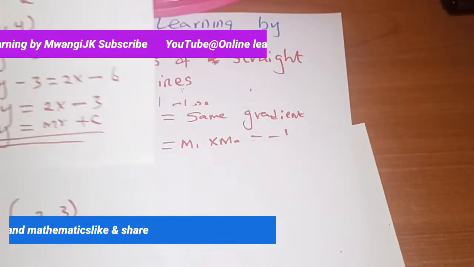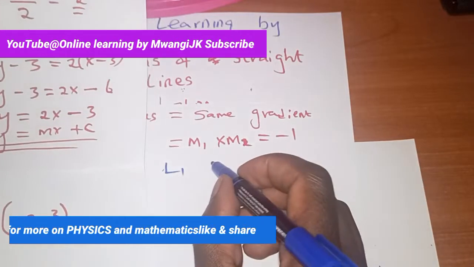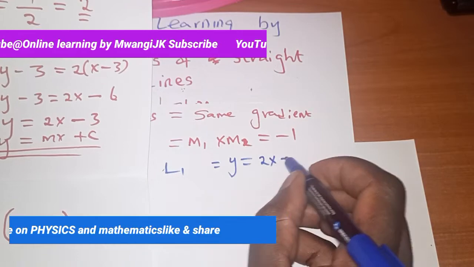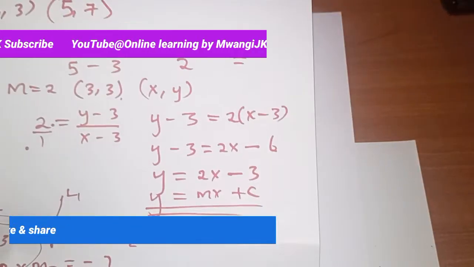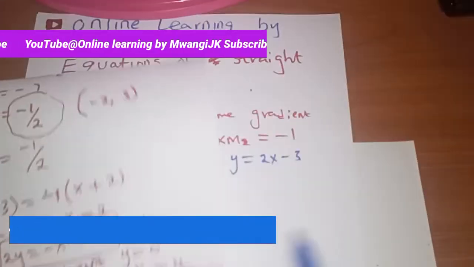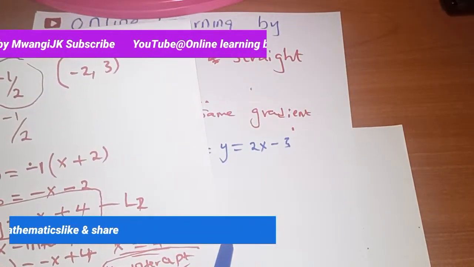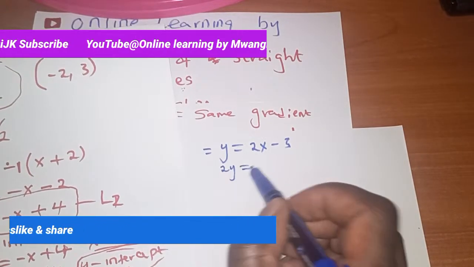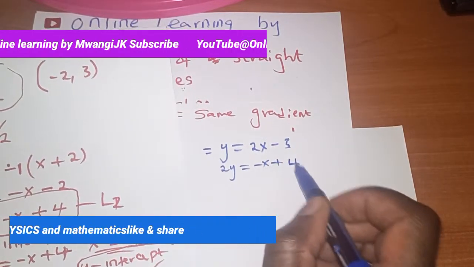So line 1 was y is equal to 2x - 3. This was our line 1. Then our line 2, we found as 2y is equal to -x + 4.